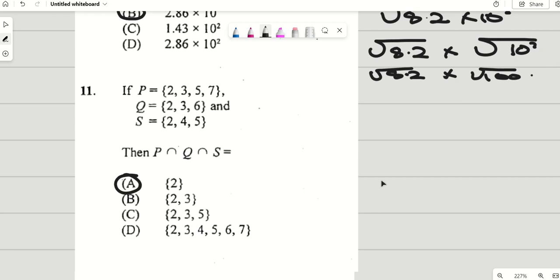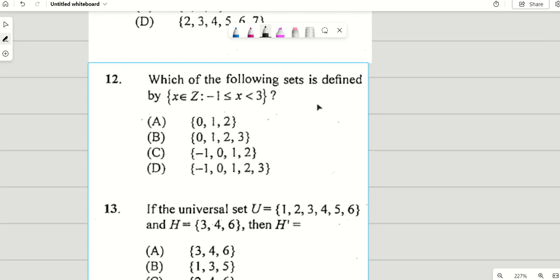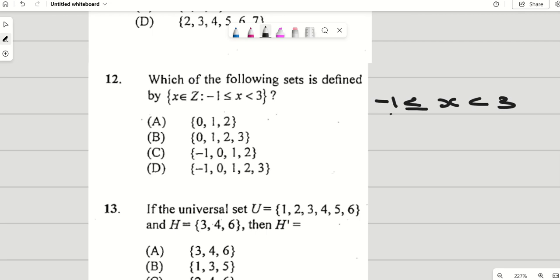Then let's look at 12. Which of the following sets is defined as... Now, I told you guys when we were doing this for paper 2, we had to split apart and those types of things. But for this question, if you have -1 ≤ x < 3, they are telling you that the range is from -1 to 3, and we have to include -1 because they have equal to.